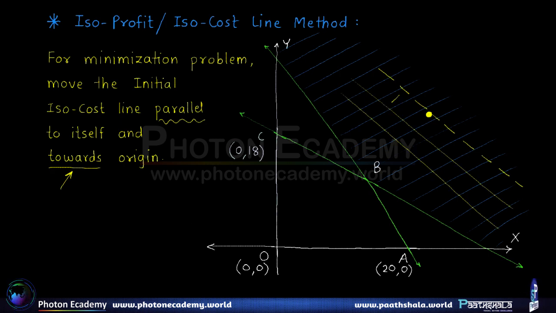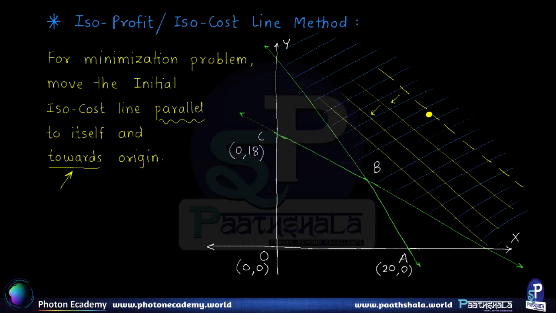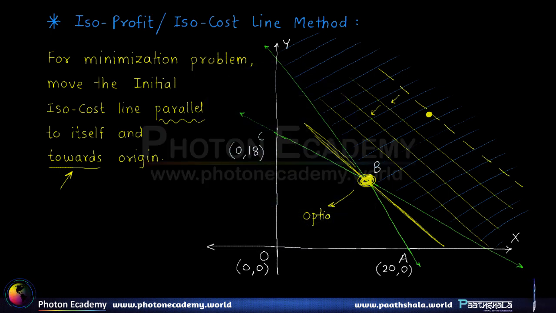As you can see, it is moved towards the origin, passing through the feasible region, and the last point through which it passes is point B. So this represents the optimal solution for the minimization problem.